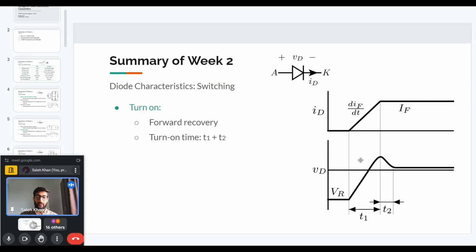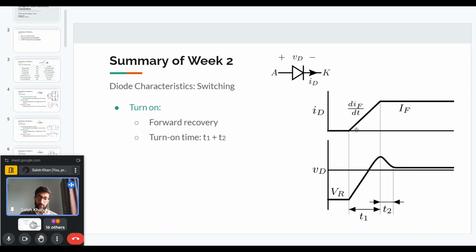Why it happens is related to the physics of the diode and how there is some charge that has to be removed. And also it is related to the circuit parasitics. But in terms of the significance of this turn on process, the time it takes and the energy that is lost in this process is not very high.